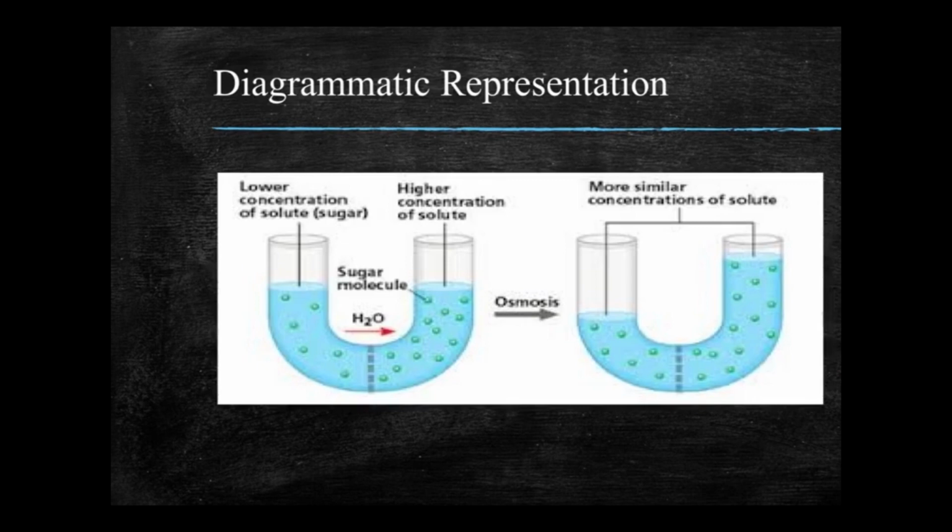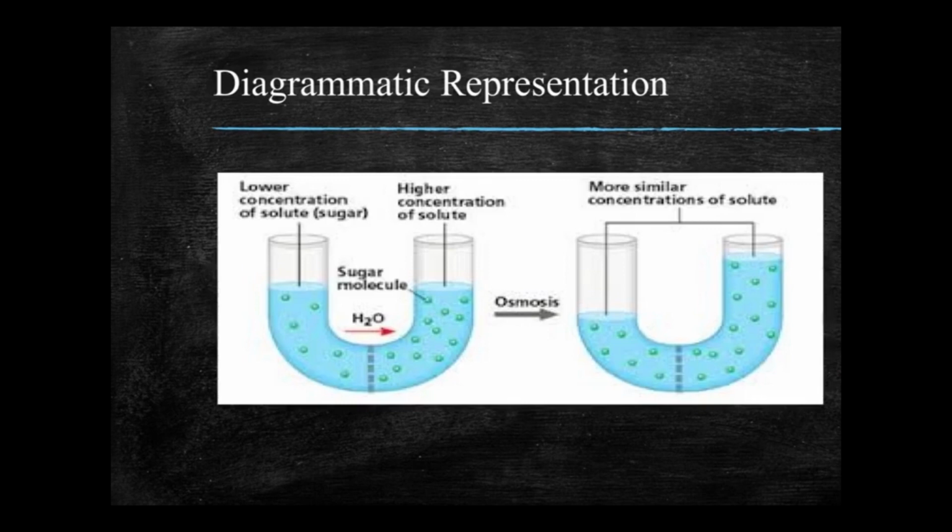The cell membrane in animals and plants acts as the semi-permeable membrane. As there is a low concentration of solute, it means sugar molecules are less in number here. So definitely water molecules will be higher in number. From this region, being higher in concentration, they will move to that region using the semi-permeable membrane.